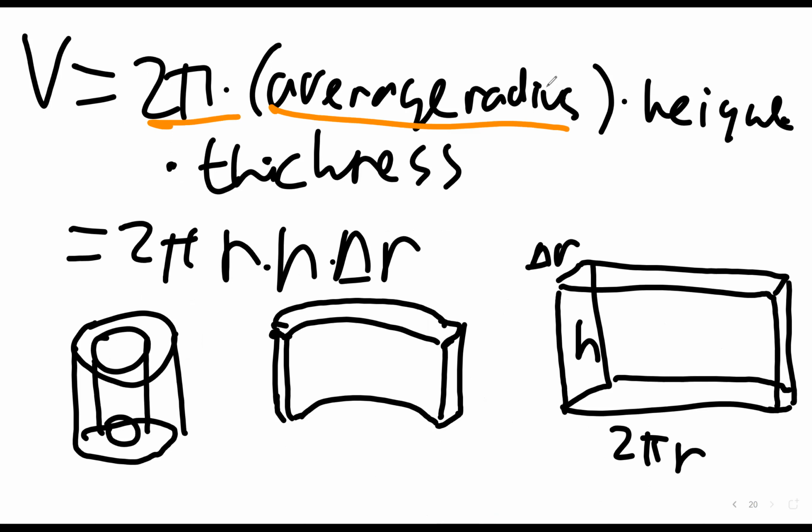So x is the average radius. I mean, the radius here is the distance between the rotation axis and the slices. So the average radius is x. Is it clear now? Yes, sir.